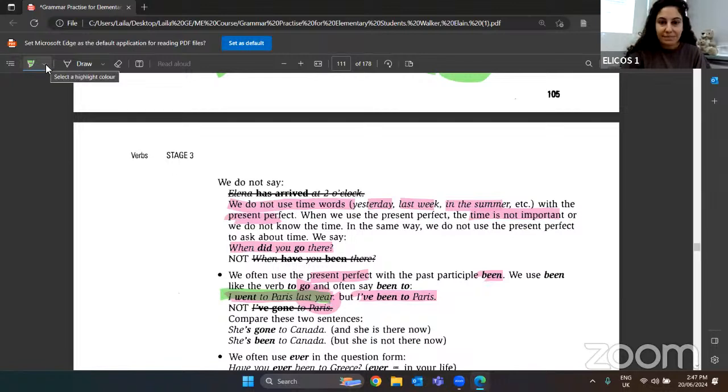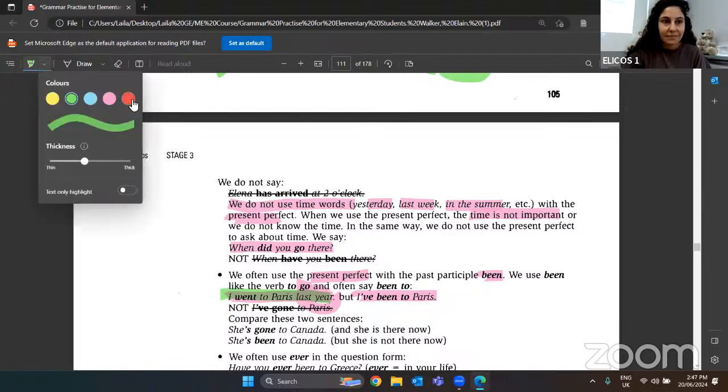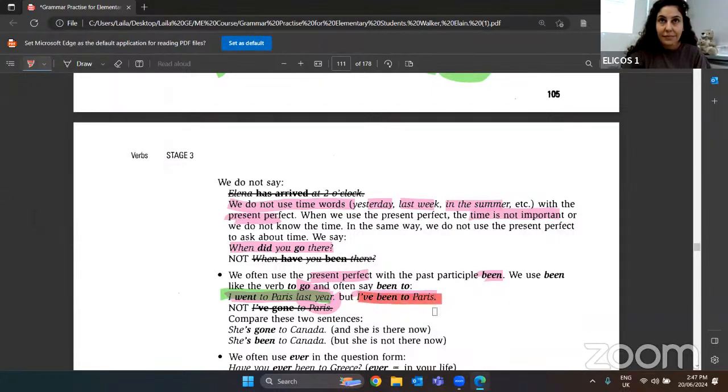She doesn't stay in Paris now. No, I have been to Paris, exactly. If she's still there now, she would say, I am in Paris. So this is, I went there in the past, but you don't know when. It's just another way to say I went to Paris, but without saying the time.